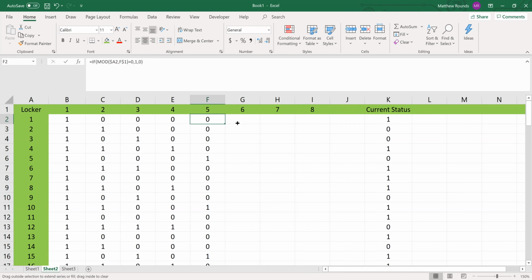Okay, this equals, I'm sorry, we're going to do this correctly here. Equals this plus 1, and then we'll drag that over.